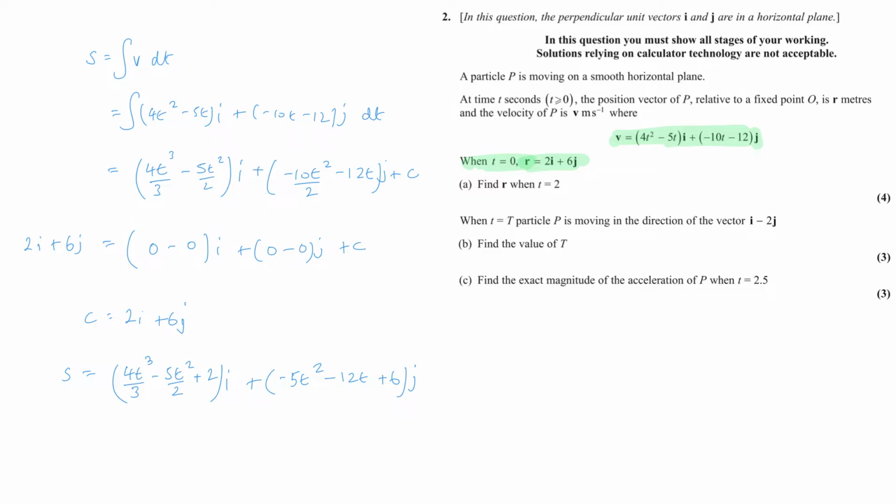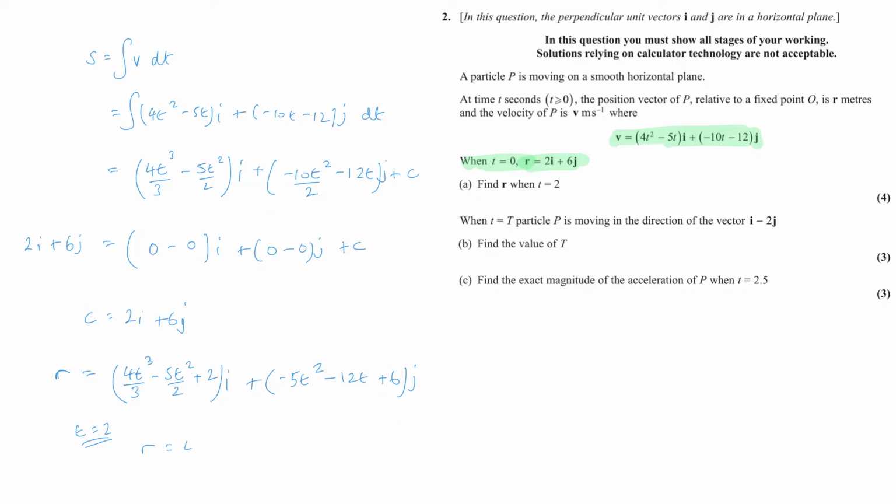Now for when t equals 2, I will start calling this r, as you know it is in the question, find r when t equals 2.